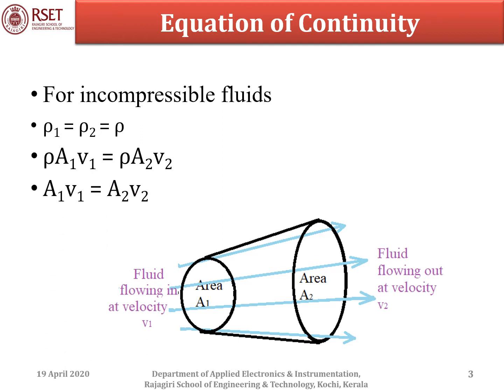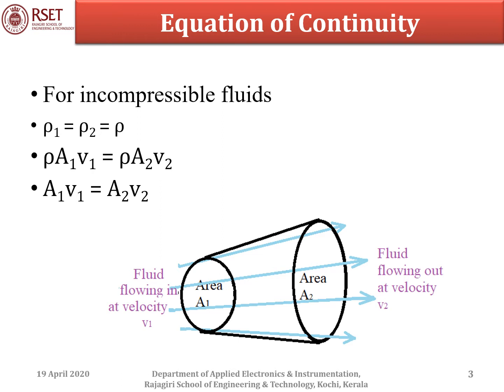Rho will cancel out and we will get A1 V1 is equal to A2 V2. This is the equation of continuity or continuity equation. This has wide application for flow meters, and similarly Bernoulli equation has great significance in differential pressure kind of flow meters or head type flow meters.